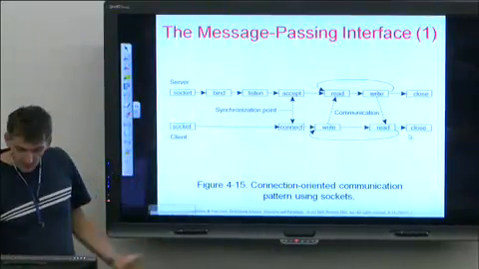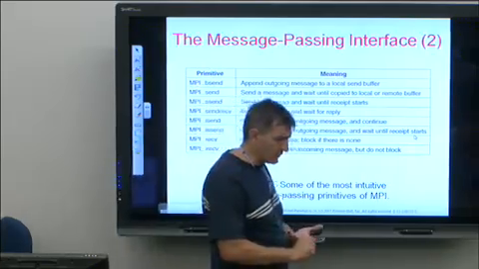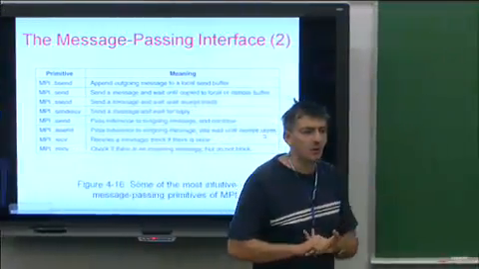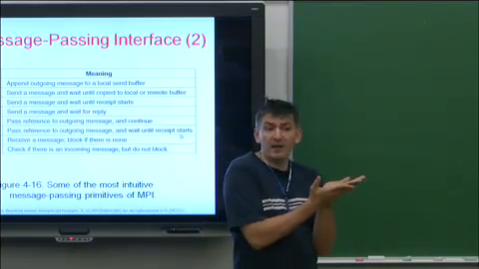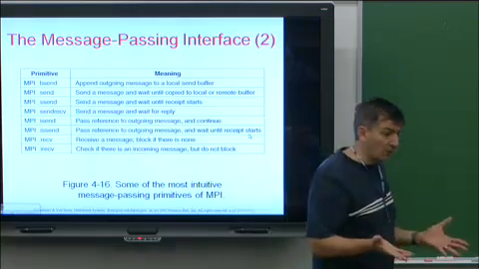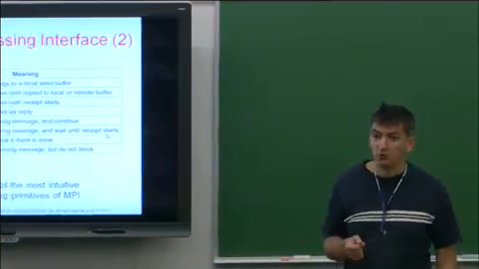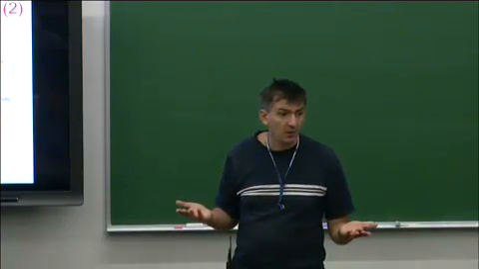OK, let's switch gears and talk about something else. So we talked about connection-oriented communication. We talked about remote procedure calls, which are some sort of a high-level communication primitive. There are some other communication primitives, and the actor model gets close to that. One of them is message passing communication.